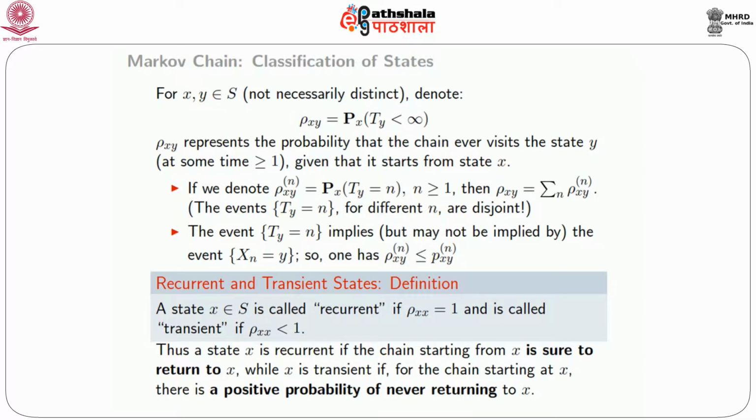That is, the probability of returning to x given that it starts from x is 1. While if x is transient, what that means is that for the chain starting at x, the probability of returning to x is not 1, it is less than 1, which essentially means that there is a positive probability of never returning to x. So that's the difference between recurrence and transience.